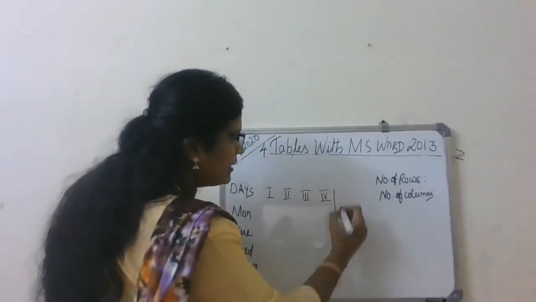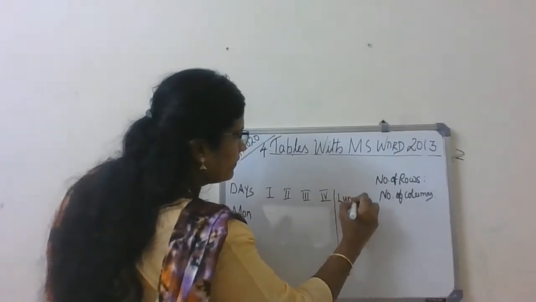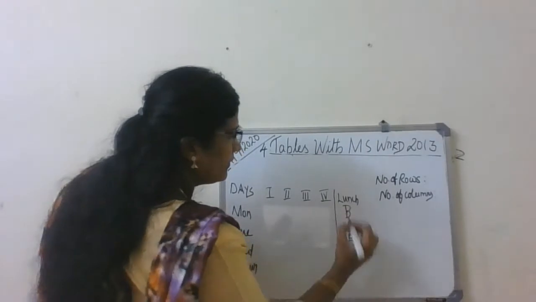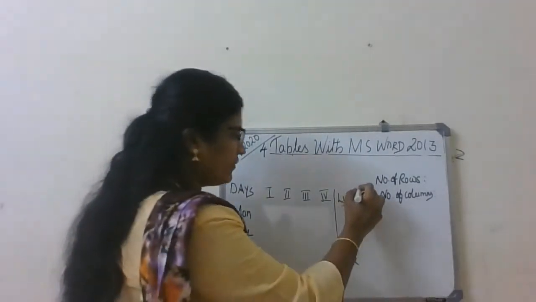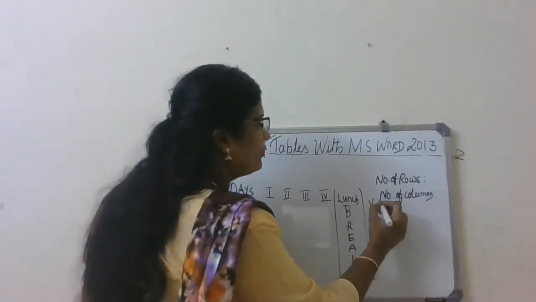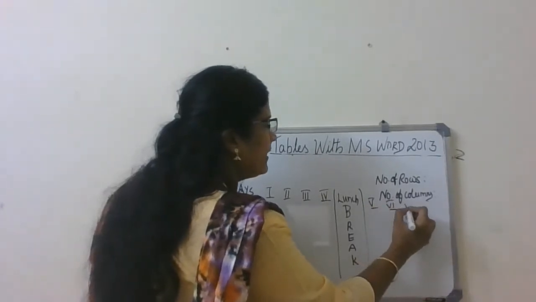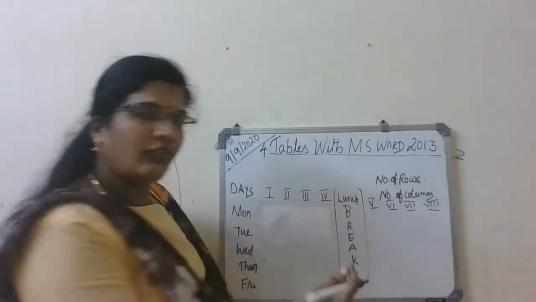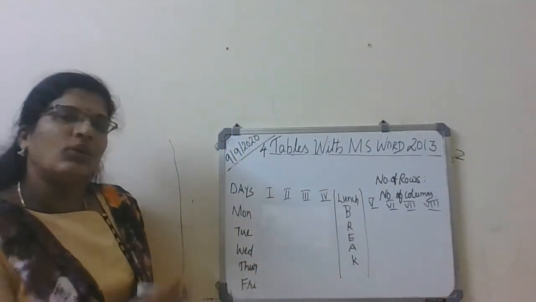Then this is a lunch break. After lunch break, we have the fifth period, sixth period, seventh, and then 8. I think 5 periods will come in the first part. Okay, let it be as it is.